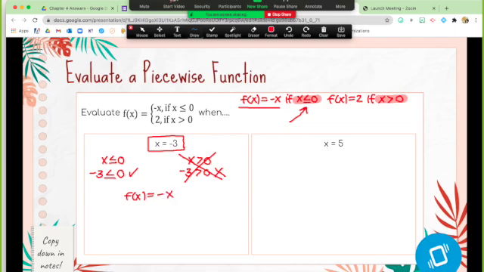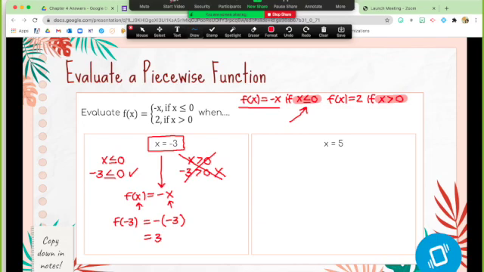And then I'm going to do what I usually do whenever I want to evaluate a function. I'm going to substitute the negative 3 for all the x's that I see here. So it turns into f of negative 3 equals the negative sign and then substituting the x for negative 3. And that just equals positive 3.